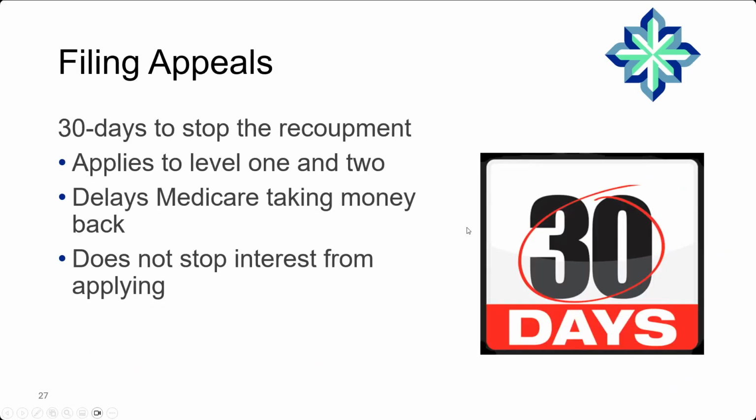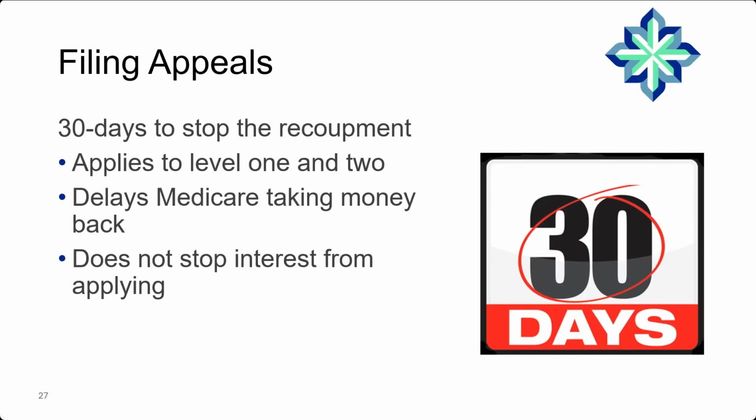Now, there is a special process just for overpayments when you file the appeal. Again, this is only going to apply to overpayments, and it's called 30 days to stop the recoupment. What it does is it stops the recoupment until a decision is made on a level 1 and a level 2. So if you file within 30 days of the claim determination on a level 1 appeal, we will not start the recoupment at 41 days. We will wait until that's done.